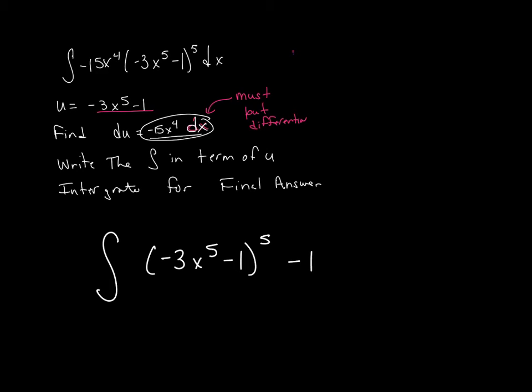And I'm going to put the negative 15x to the 4th dx over here. So I have to replace things. All of this inside here is u, right? Well, how do I replace this over here?